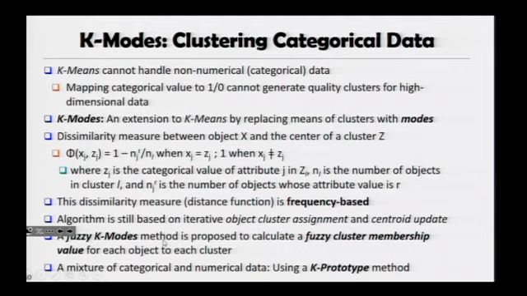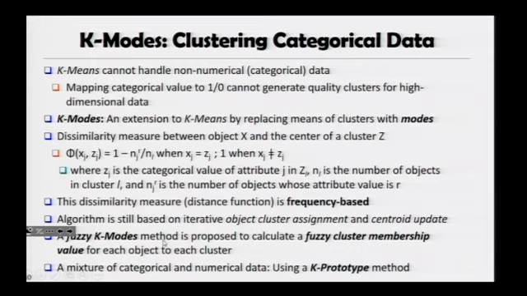I think Dr. Han didn't put any reference here, but r is actually the value of Xj and Zj, because Xj equals Zj in this case. So let's assume r is Xj, and N_jr is computing the number of objects in the cluster L whose j-th attribute value equals r.